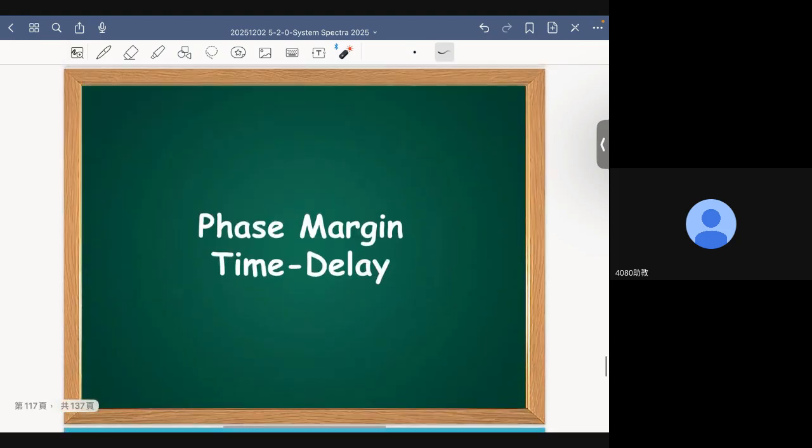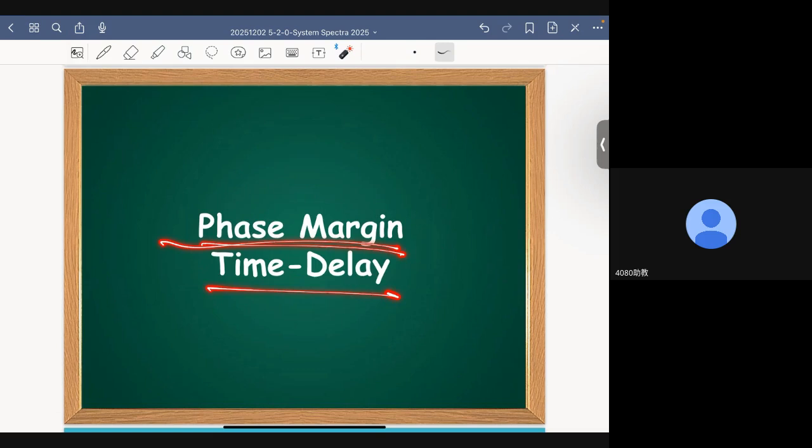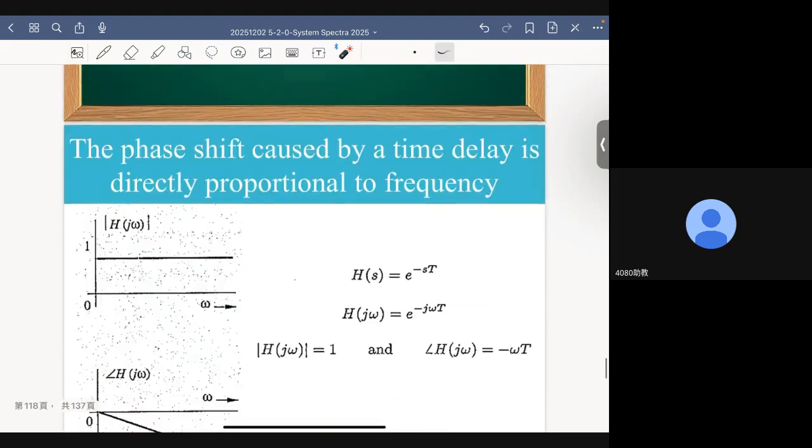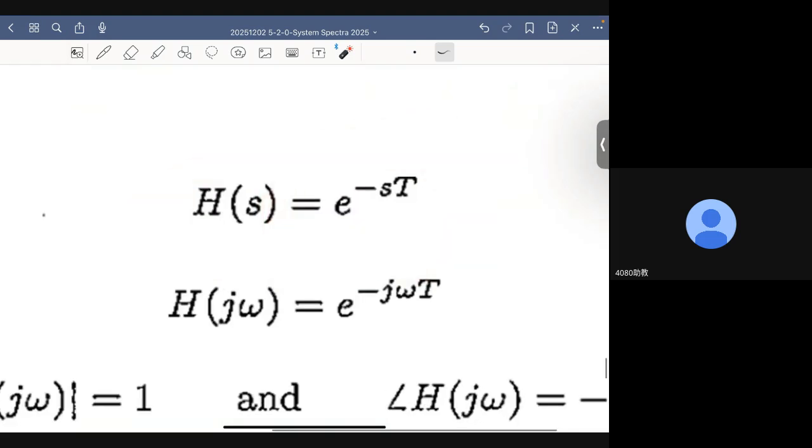All right, now let's address the relationship between phase margin and time delay. And from this example, we will know the impact of time delay on system stability. Now, for a time delay, the Laplace transform is e to the minus sT, all right?